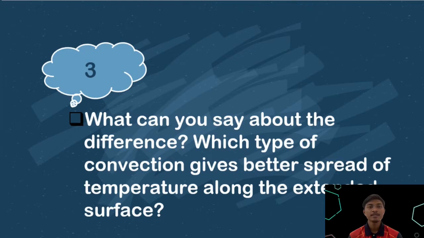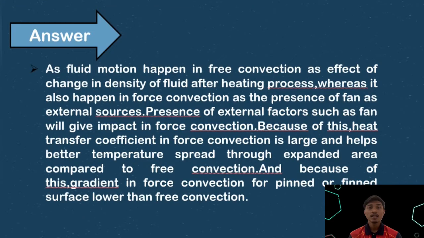Assalamualaikum. My name is Muhammad Aiman. For discussion number 3, the question is, what can you say about the difference? Which type of convection gives better spread of temperature along the external surface? So the answer is, fluid motion happens in free convection as an effect of change in density of fluid after the heating process, whereas it also happens in forced convection due to the presence of a fan as an external source.